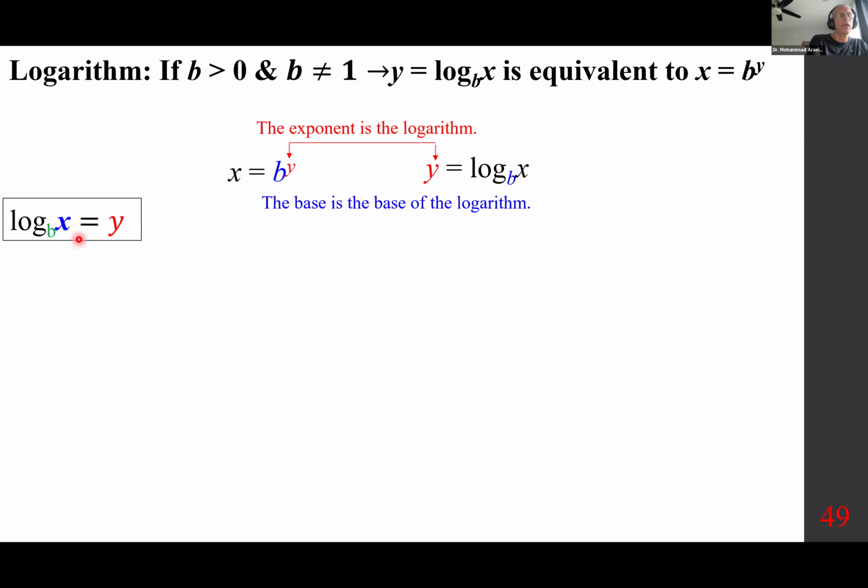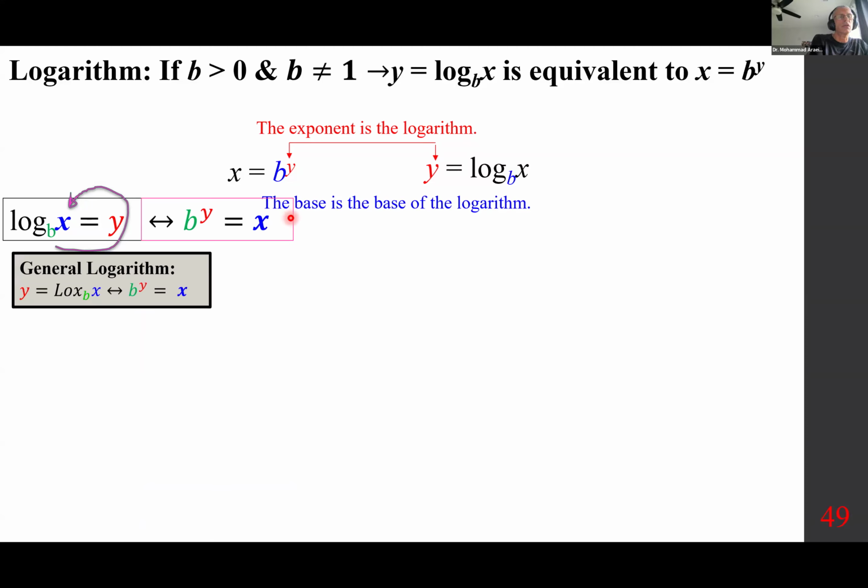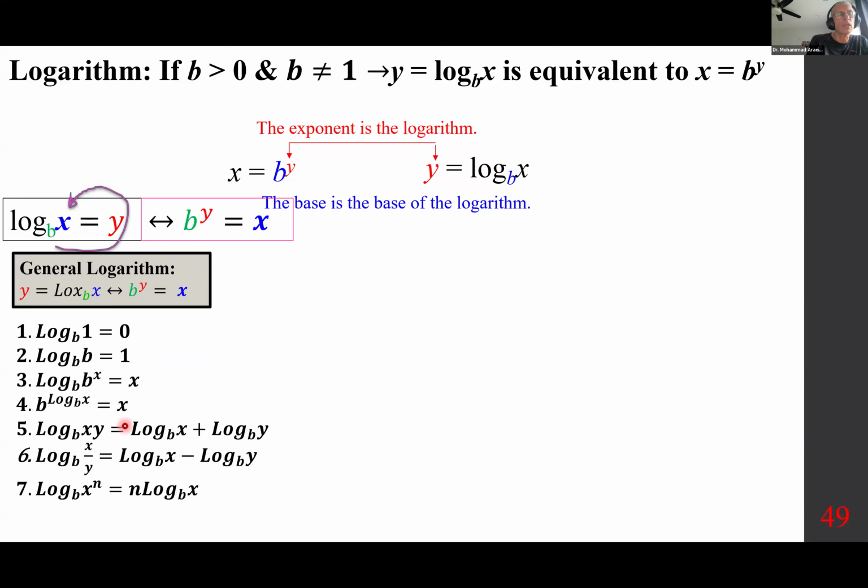So if you look at this one and go with the arrow, log x base b equals y, that means b to the power of y must be x. And if we follow that, then for the general case, y equals log x base b is the same as b to the power of y equals x, it creates the following properties.